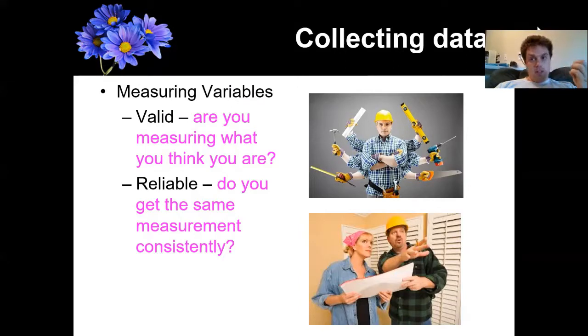If you give them the test again, you get the same measurement. That would be reliability. So how consistent is the measure? If the actual hypothetical depression score is not changing, then the scale is not going to change. If it is changing, then it's not super reliable. If it isn't changing, then it is reliable.